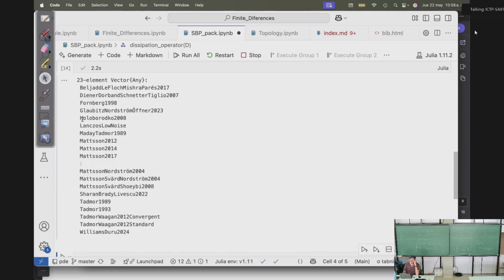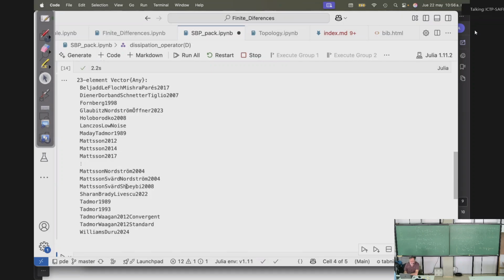For instance, these Holoborodko and Lanczos are when you want to take the derivative of data that is noisy. So this makes some regularization of the data too. And these are different criteria.